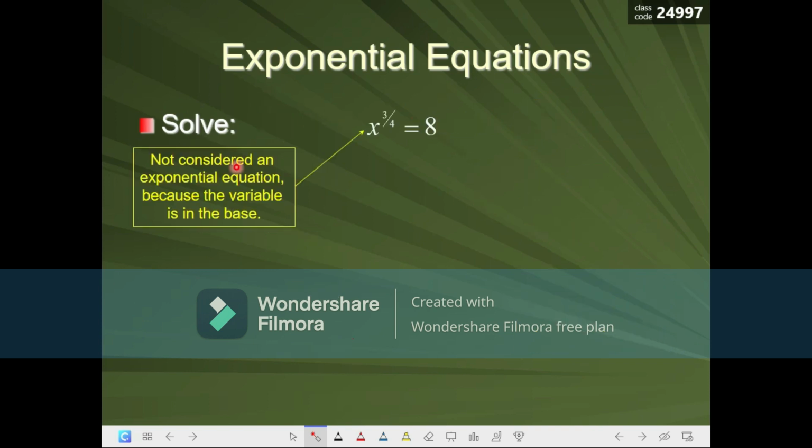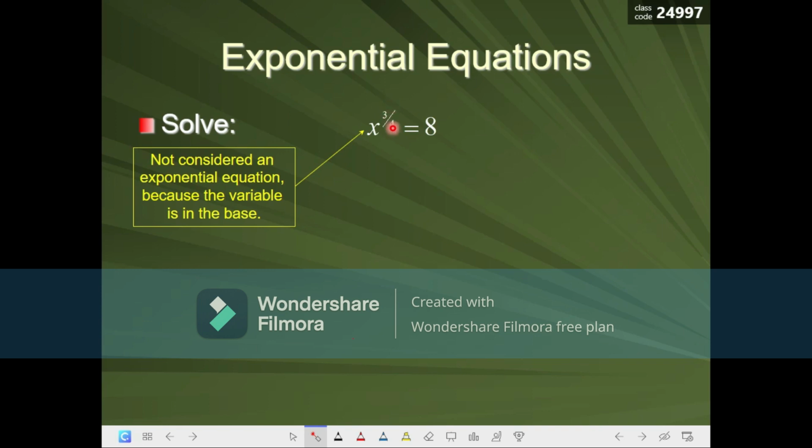Okay. Now another, solve for x to the power of 3/4 is equal to 8. How are we going to solve this one? Still not considered an exponential equation because the variable is in the base. So this is how you're going to do it. Remember, the exponent is 3/4. Our target is to make the exponent equivalent to 1. So just multiply it by the reciprocal of 3/4.